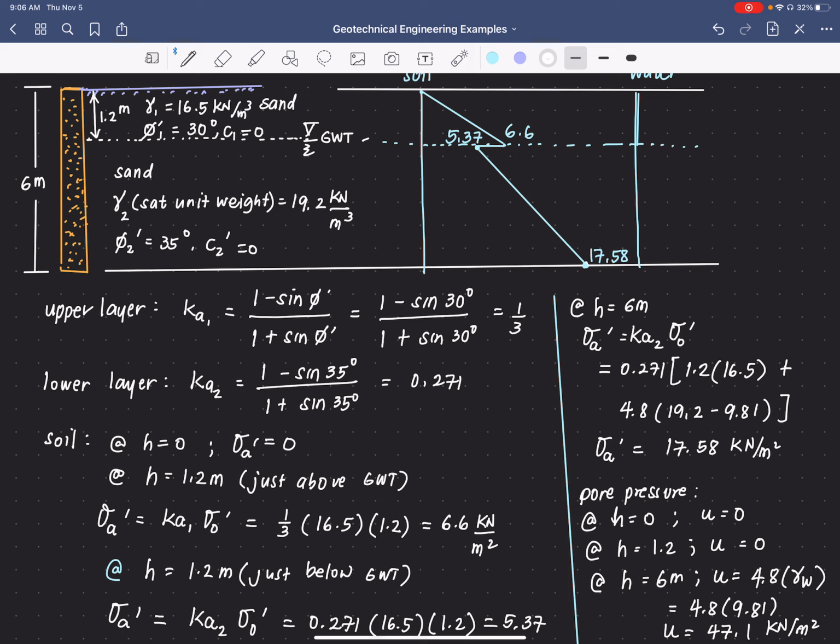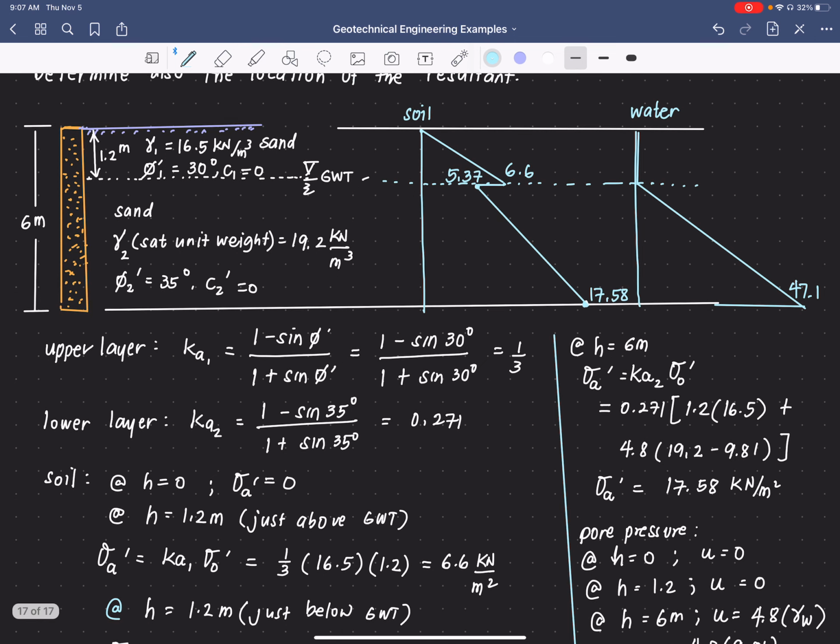So we have here, let us say this is 47.1. All right. So again, this is our U, and this is our sigma sub A prime.